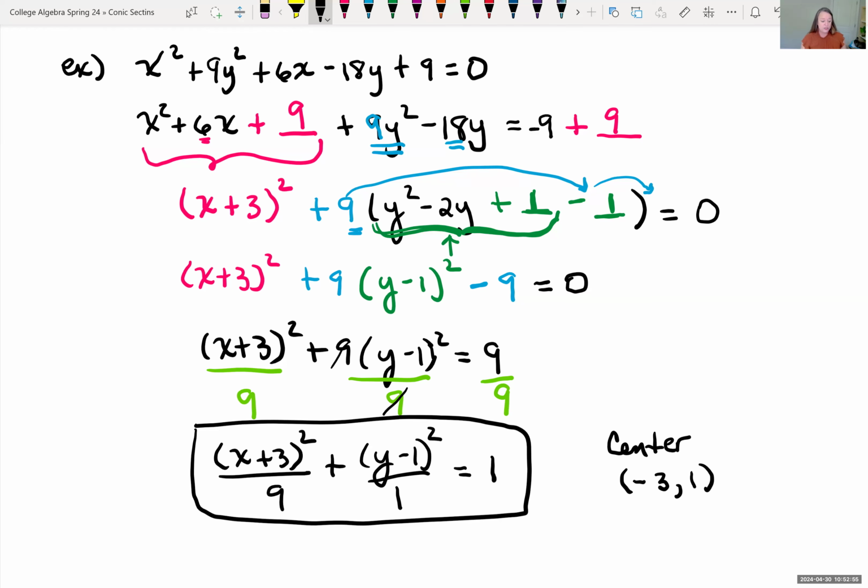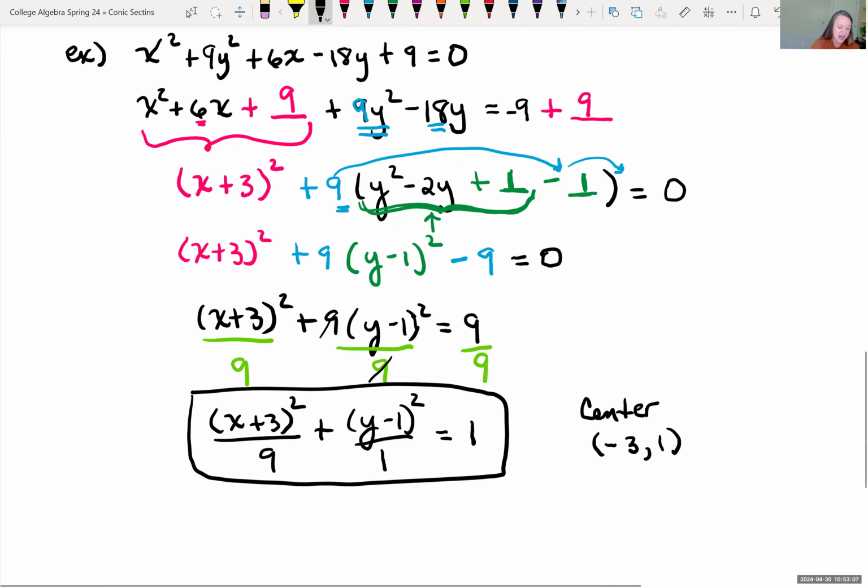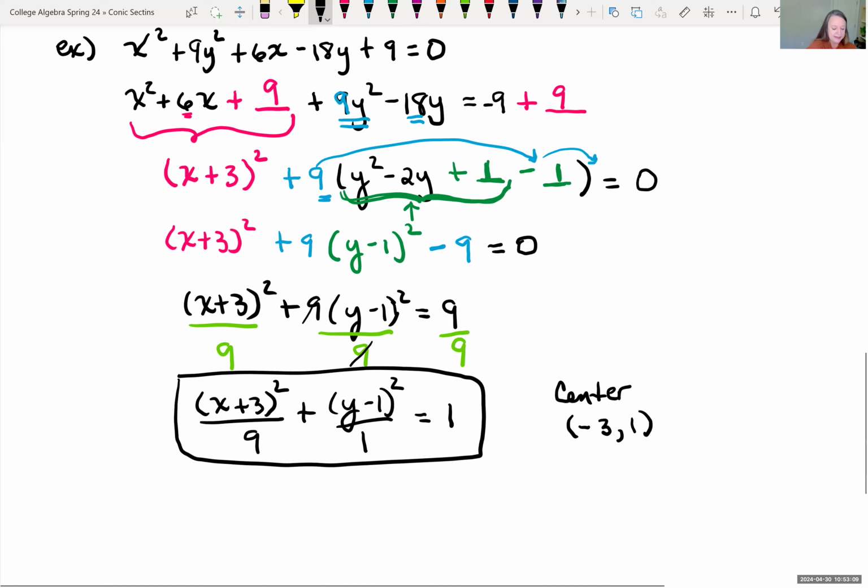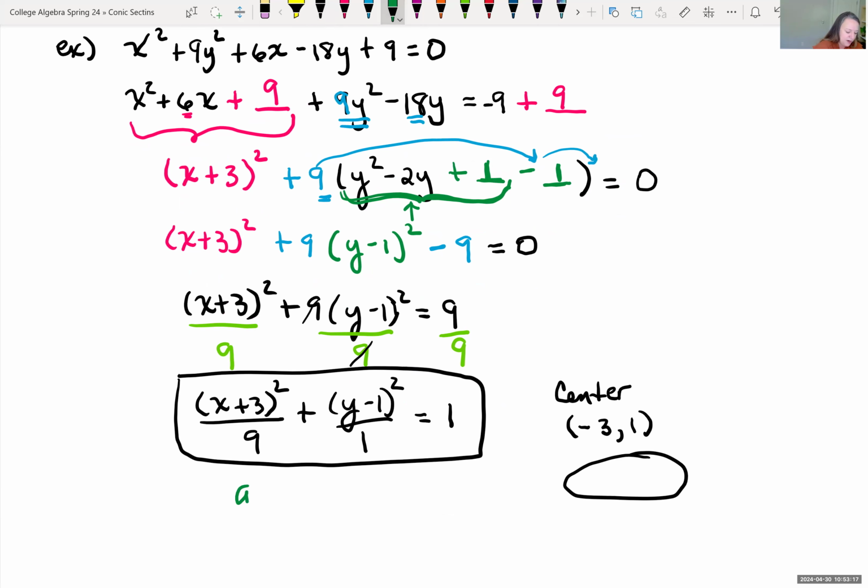I'm looking at which one is the larger number in the denominator, 9 or 1. So I notice 9 is the larger. 9's underneath the x term, so that tells me it's elongated horizontally. This example is elongated with the major axis parallel to the x-axis. So we have this sort of shape. So a squared is 9.